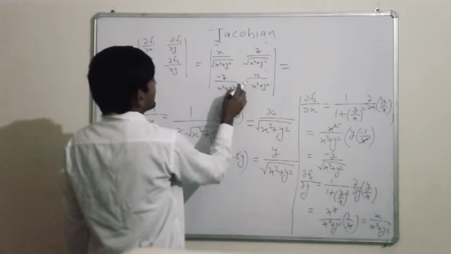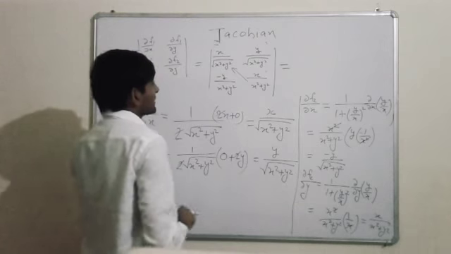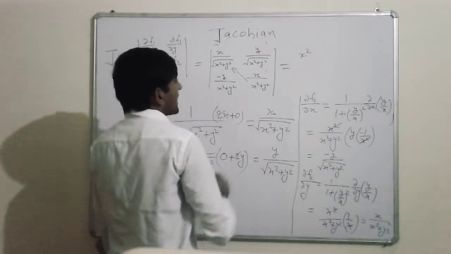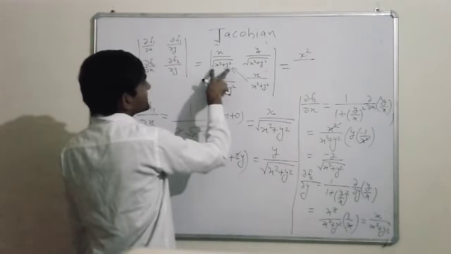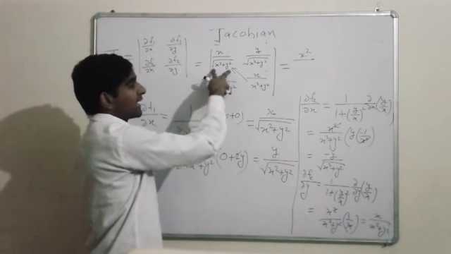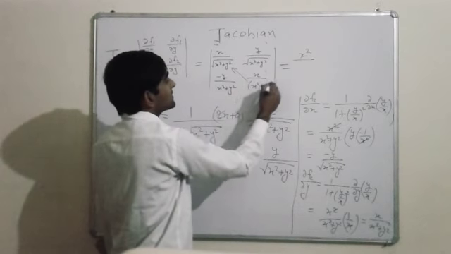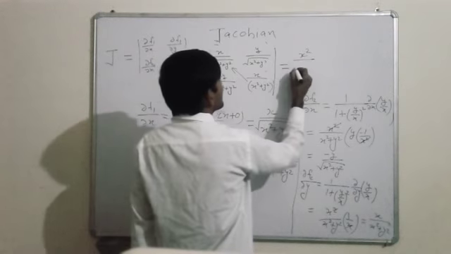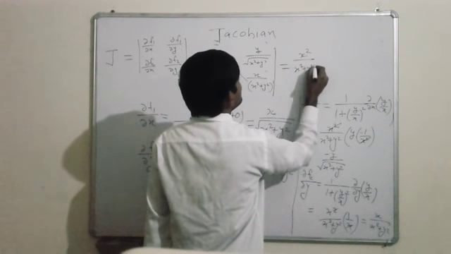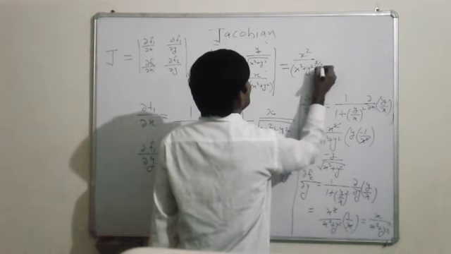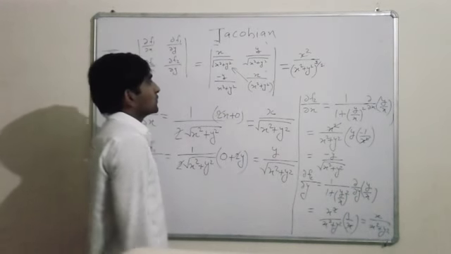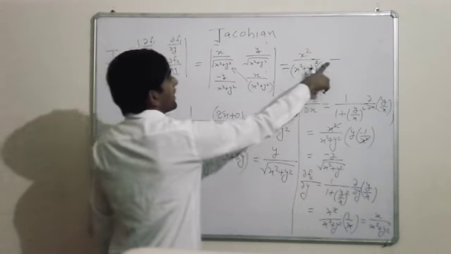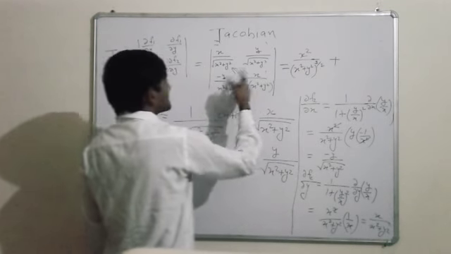By cross multiplying, x² over this, which has half power, and this has 1 power. 1 and a half is 3 by 2. So we write (x² + y²) to the power 3/2. Minus: this minus and this minus become plus.